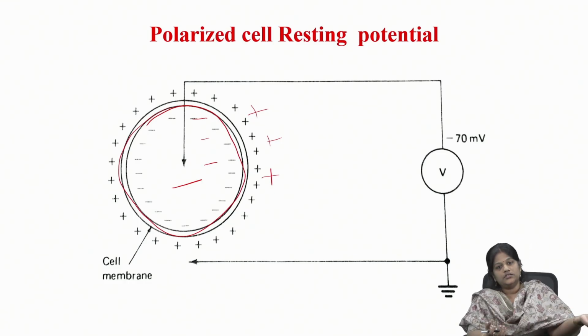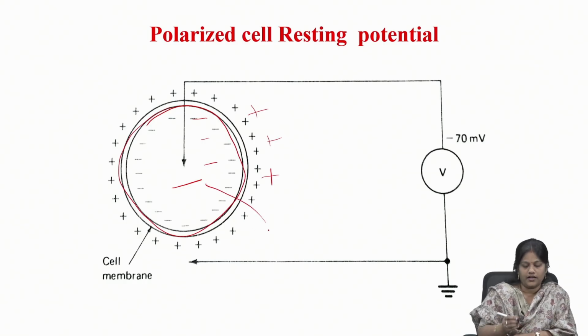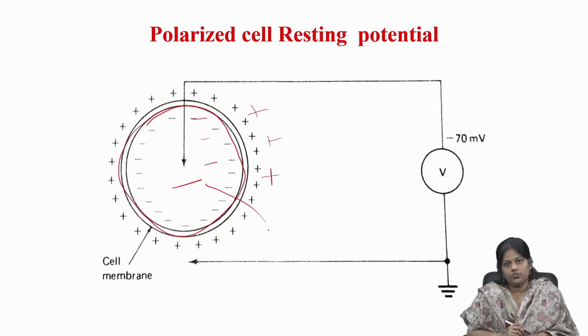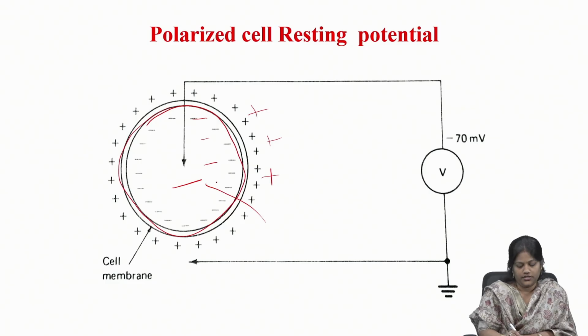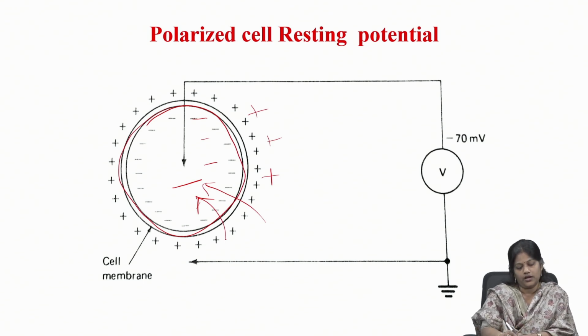Whenever sodium and potassium rush toward the cell body, the chloride ions already present inside, together with the cell membrane, will not allow the sodium and potassium ions through, so they are kept outside.